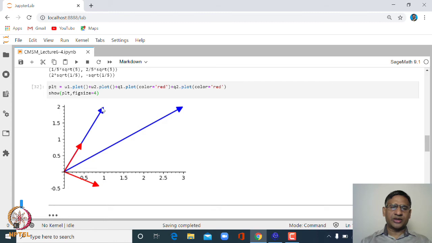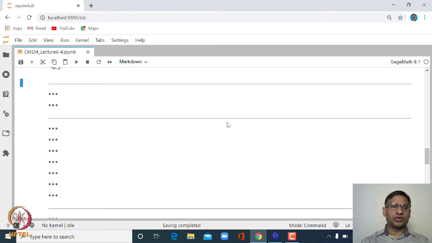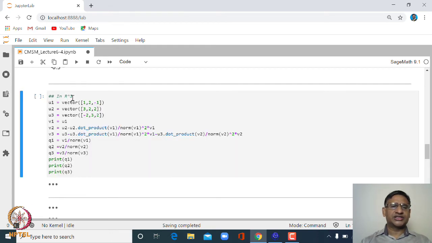If you take the orthogonal projection of u2 onto u1 and take out that orthogonal component, this is what you get, this is your q2. So this is how we can generate two vectors which are orthogonal to each other and also of unit length. Once you generate an orthogonal set of vectors, you just need to divide by the lengths to make it orthonormal.